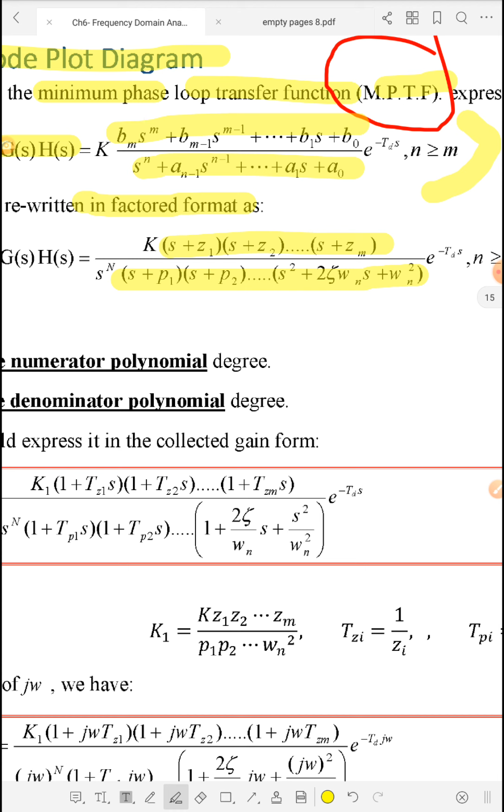As we said, n is always greater than or equal to m. So the denominator polynomial order is always greater than or equal to the numerator polynomial order.